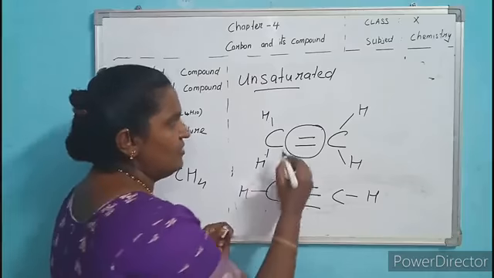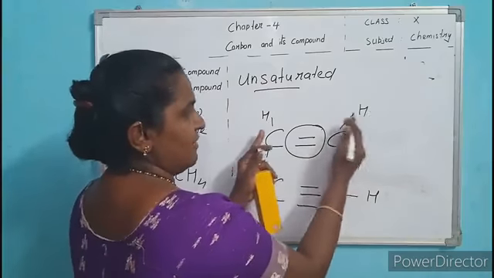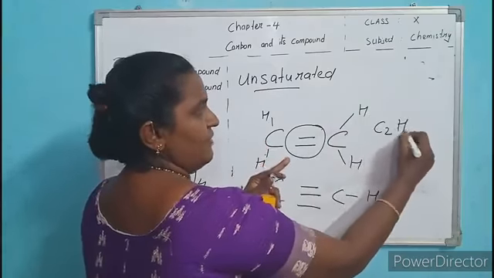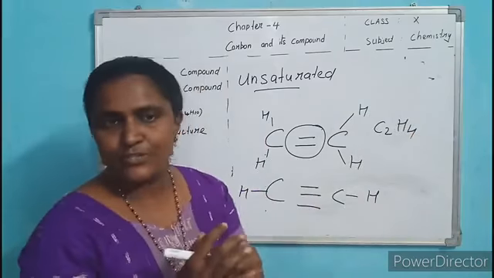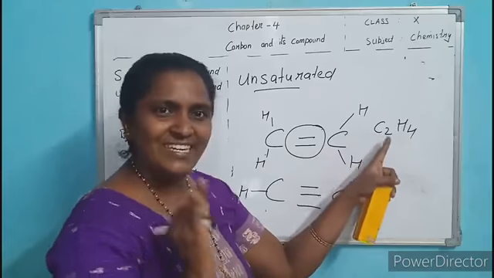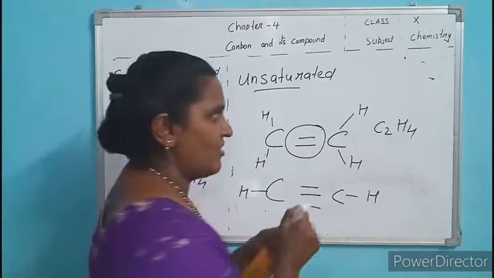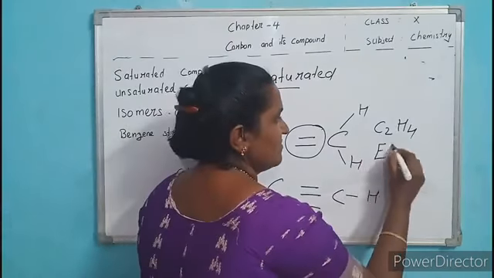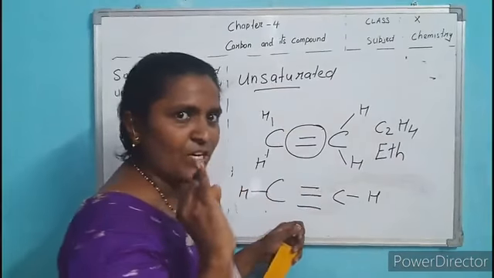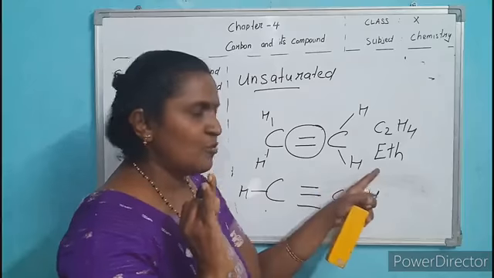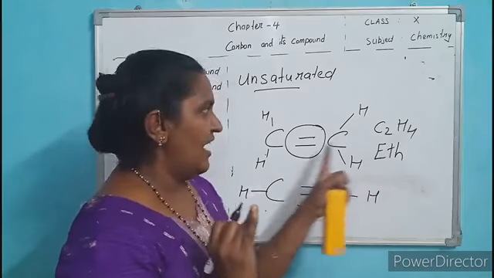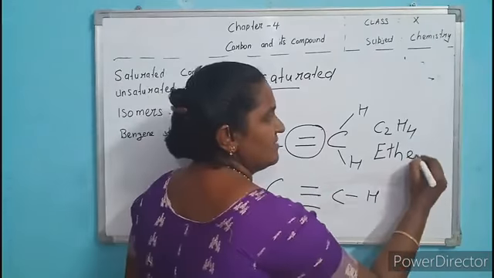Okay. Now you condense the formula. Write the formula C2H4. C2 means what? Meth, eth. One carbon means meth, two carbons mean eth, and double bond means ene.